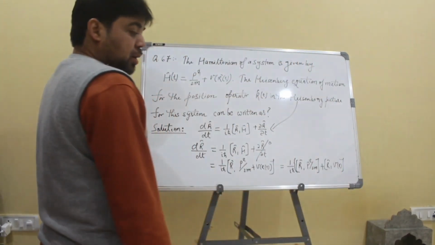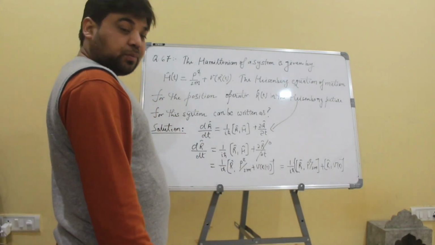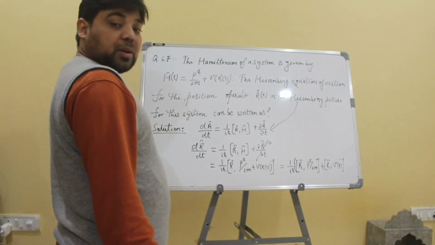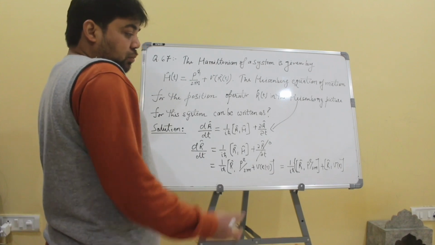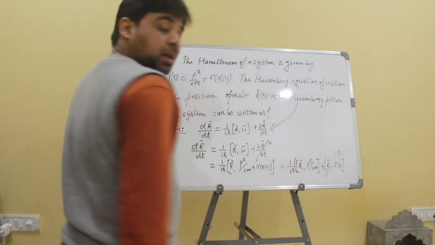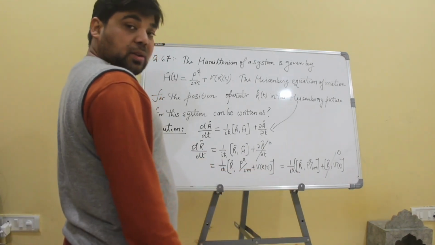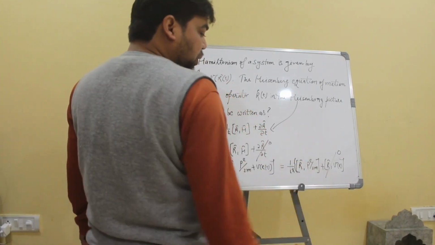Right? Now remember that the commutator of two operators which depend on the same observable is vanishing. So this depends on the same observable, that's why it vanishes.